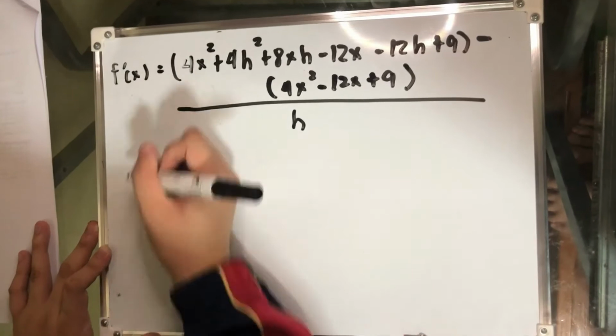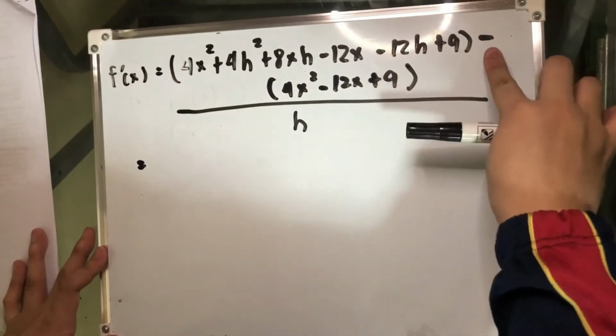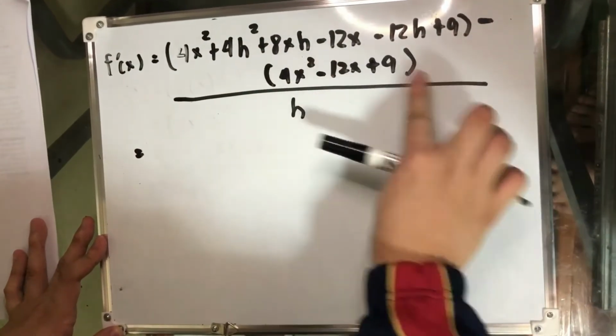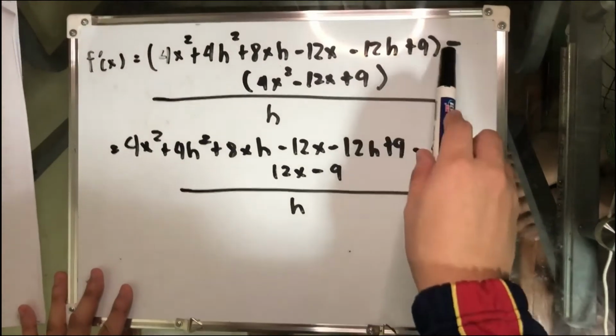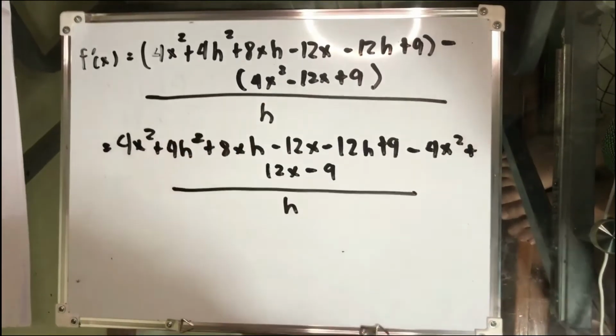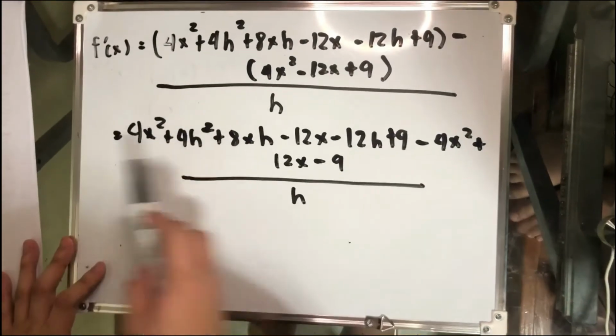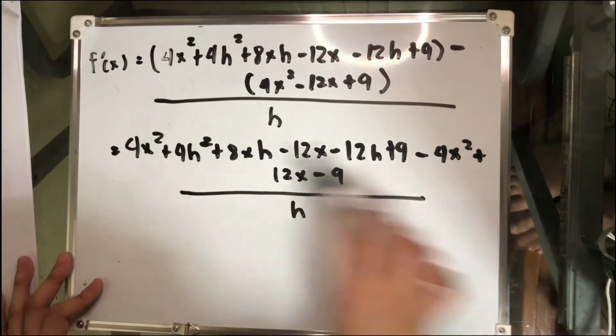So we just simplify this. This negative sign should be distributed to this quantity. So after distributing the negative sign to this quantity, we have arrived at this answer, and we should simplify this one.